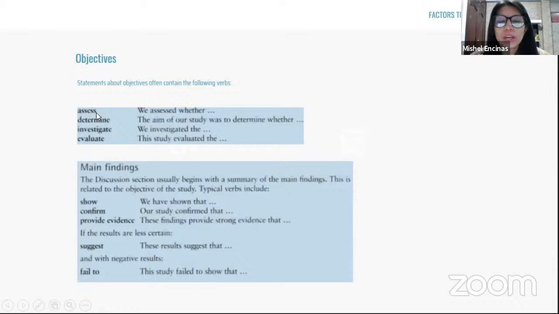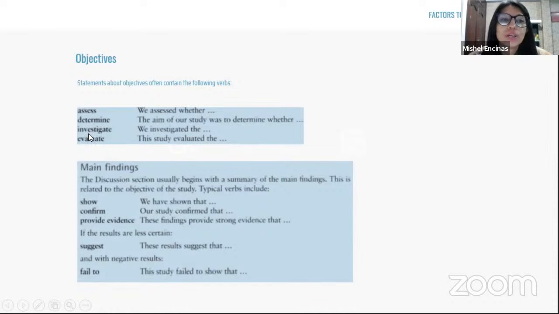It's like "evaluate." We can say we assess whether it works or not, for example. We can use another verb, "determine." The aim of our study was to determine whether this works or not.